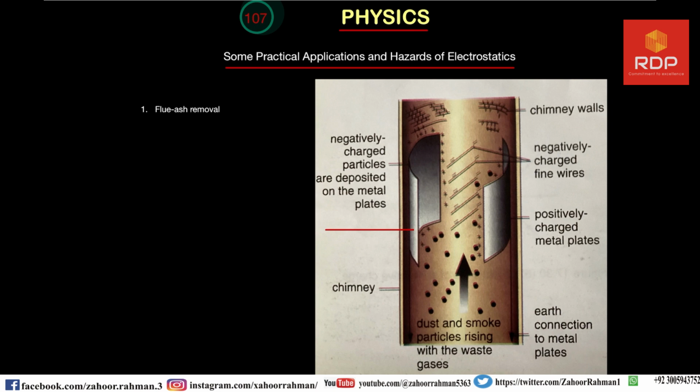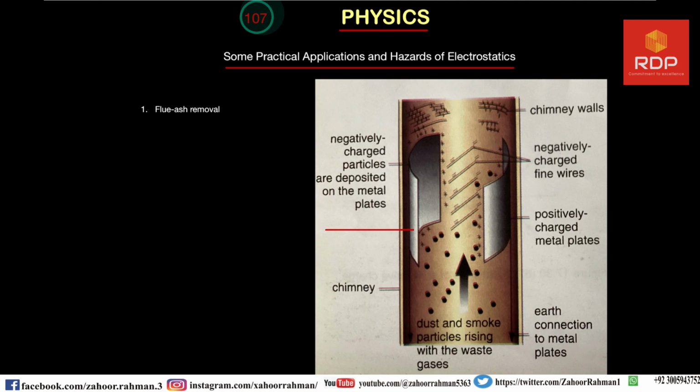Remember that the wires are made negatively charged so that they can charge the ash particles negatively when passing through. Similarly, the collector plates are made positively charged to attract and collect the ash particles.